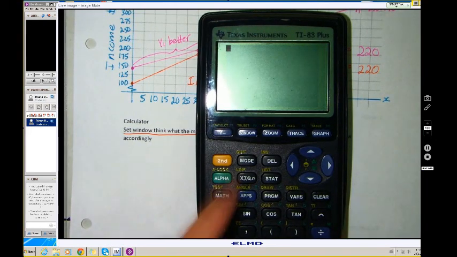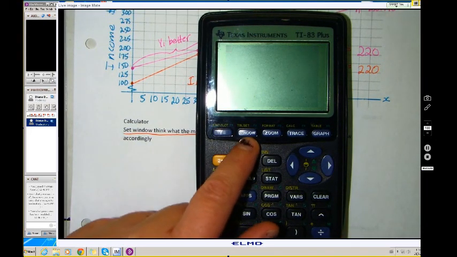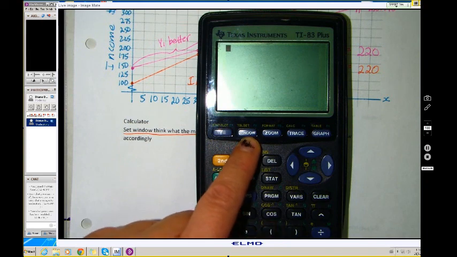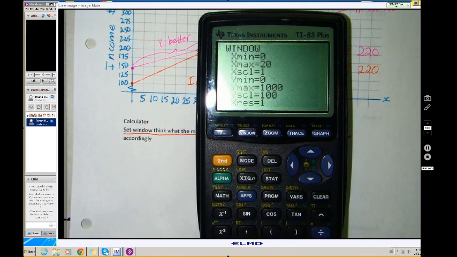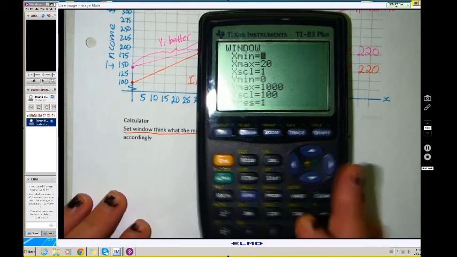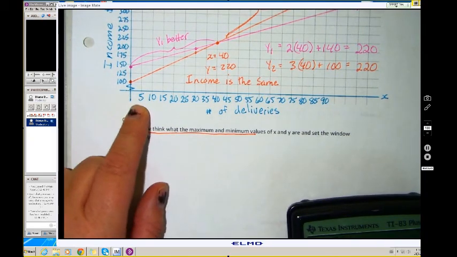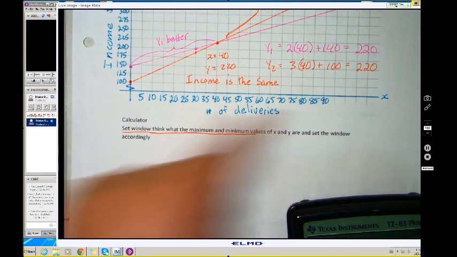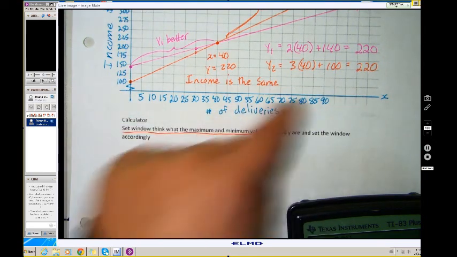And notice there's a button that says window. Okay. So if you push that, you see there's an X min, max, scale and then a Y min, max. So we have to set that. So on our graph, what did we put for X? Like up to what?